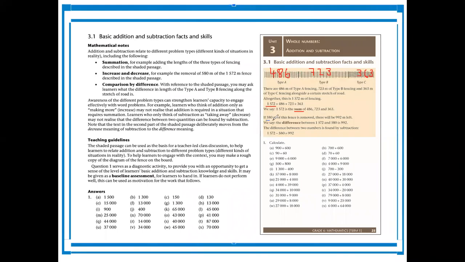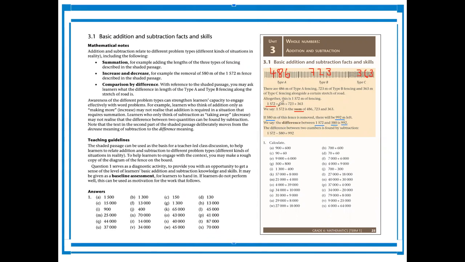So now we move on to this question. So if 580 meters of this fence is removed, there will be 992 meters left. We say that the difference between 1,572 and 580 is 992. So what this is, it is the total.